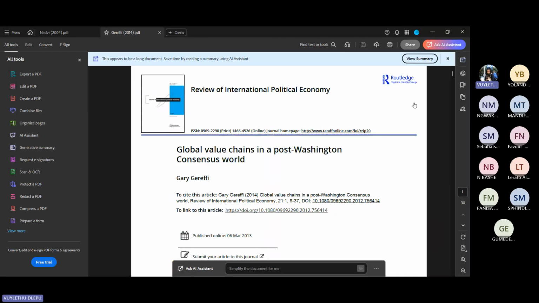We're going to Gereffi, the next article. Yeah, I think my computer is freezing because I've opened too much, but okay, let's see. You have opened Gereffi's article, but it's on the first page. Yeah, it's fine.